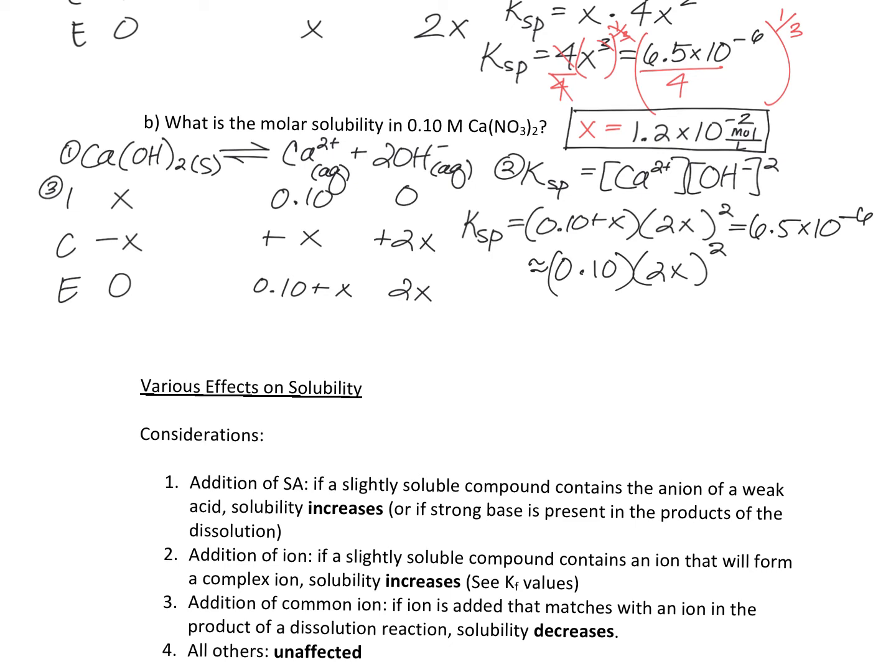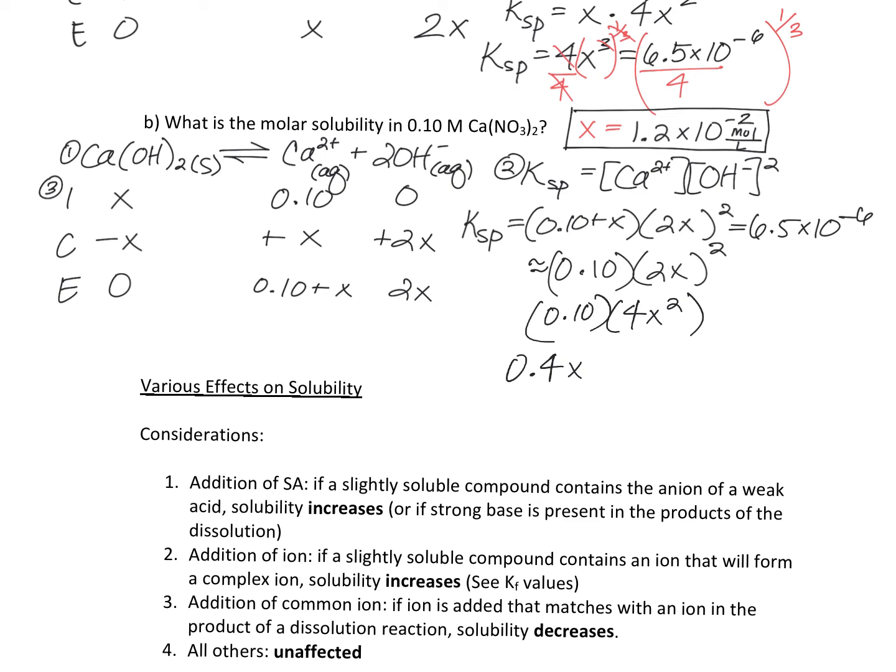And anytime you have an initial value of one of the ions, if it's detectable, it's going to be so much greater than your x value that you can assume x is negligible. So at the very end, what you would get here is 0.10 times 4x squared, which would give you 0.4x squared.